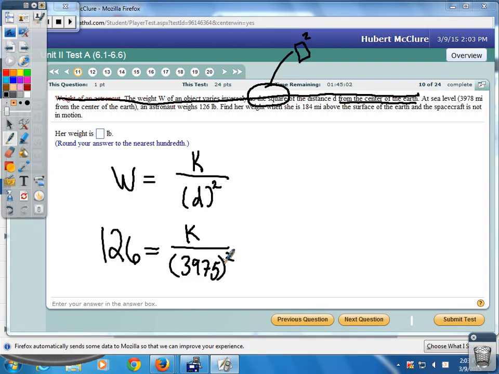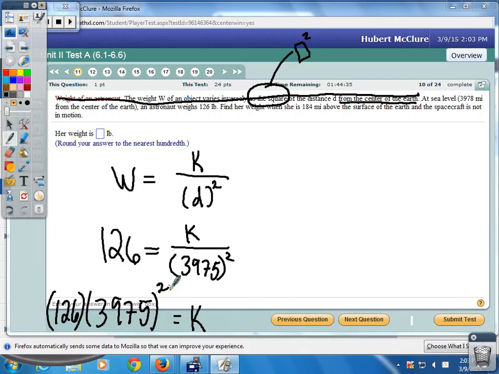That big number. So K is equal to 126 times that big number, squared, raised to the second power.